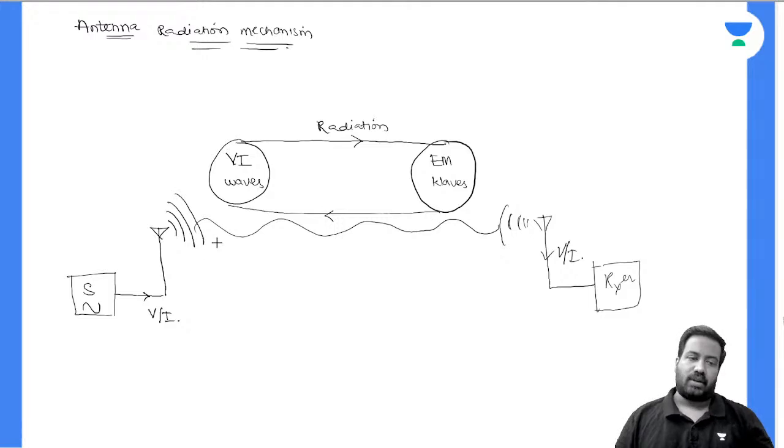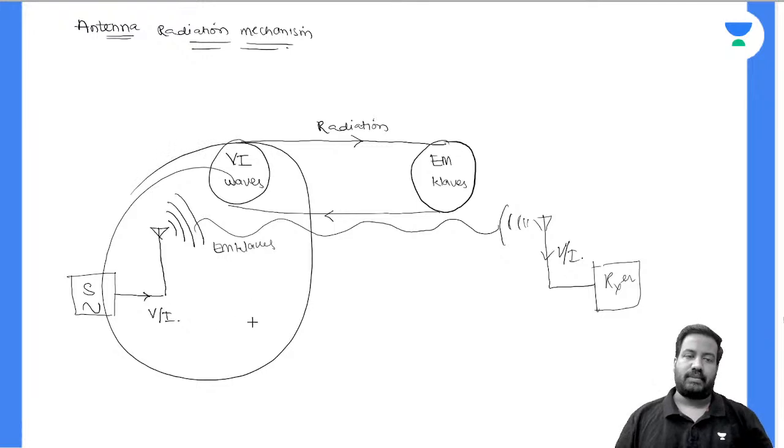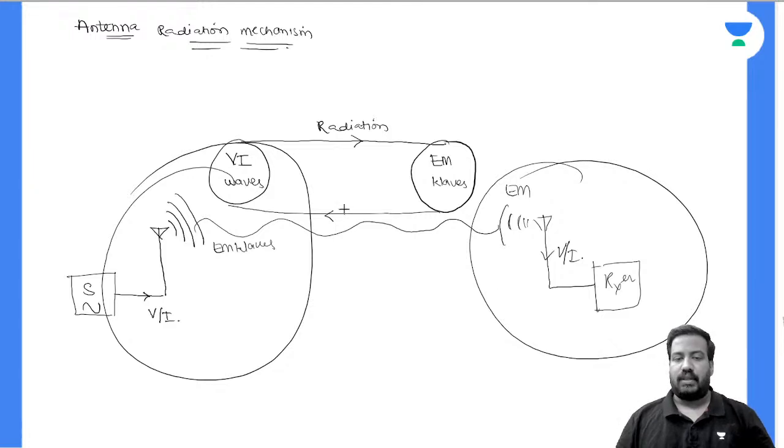So this process of conversion of VI waves into EM waves is called radiation, and the conversion of EM waves into VI waves is called induction.